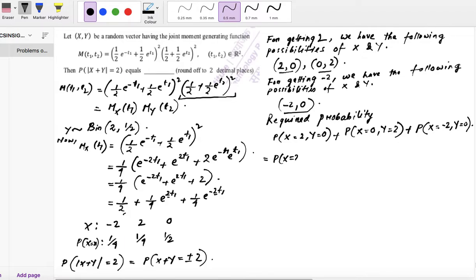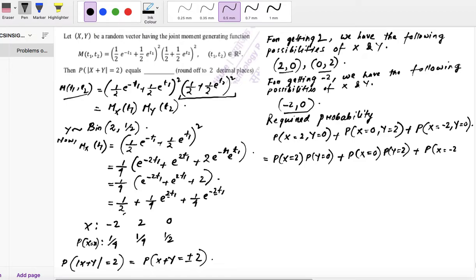Probability of X equals 2 and probability of Y equals 0, plus probability of X equals 0 and probability of Y equals 2. And we know that X and Y are independent from the moment generating function: the joint MGF is written as the product of the individual moment generating functions. So we get the variables X and Y as independent.